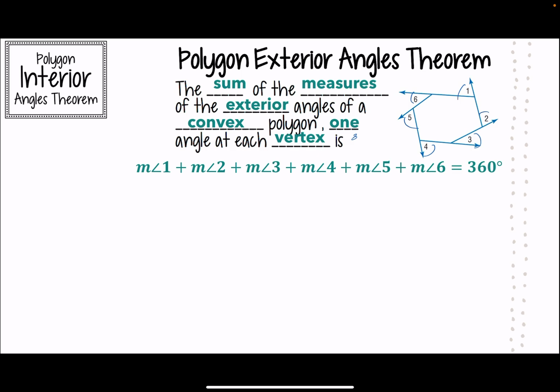That's how easy that is. They're all supplements to the interior angles, so they're going to add up to be 360, and it's crazy how that works out for every single shape.